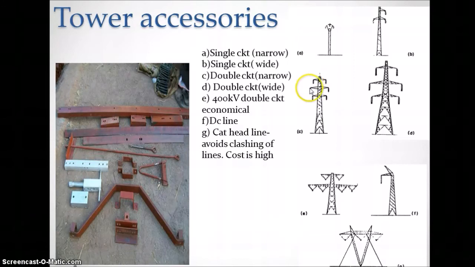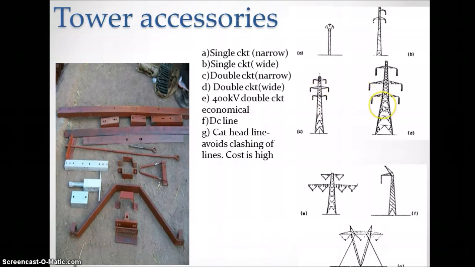When the first set has to undergo some maintenance or fault clearance, we can use this one. Like this, we can see the towers having 6 conductors on either side of the tower.